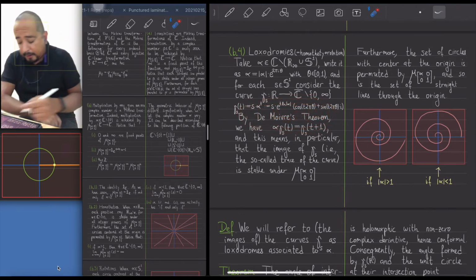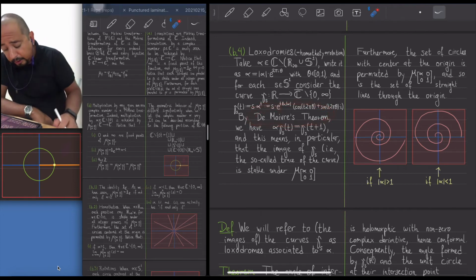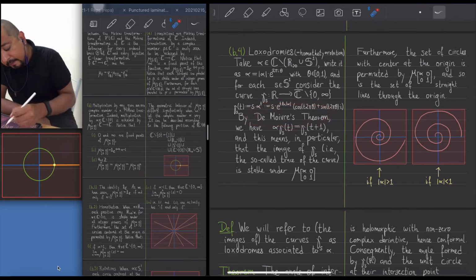So anyway, we just resort to de Moivre's theorem, and this tells you formally that the image of gamma is stable under multiplication by alpha, because when we multiply by alpha, we can express it as another point on the curve.